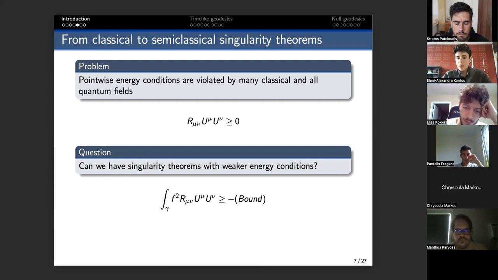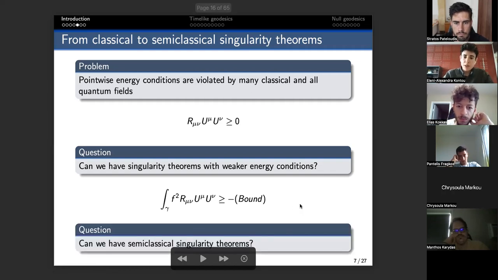So then the requirement is that this quantity, like on average, is larger than a negative bound, which we'll see what it depends on. So that's a sort of an average condition. So it's a much weaker condition than the previous pointwise ones, because these ones required the energy density or similar quantities to be non-negative at every space-time point.